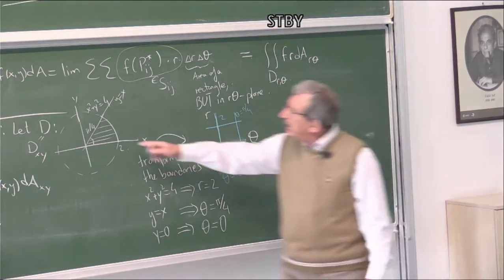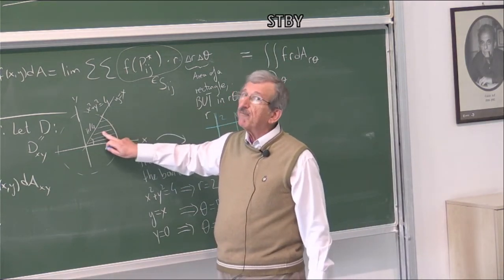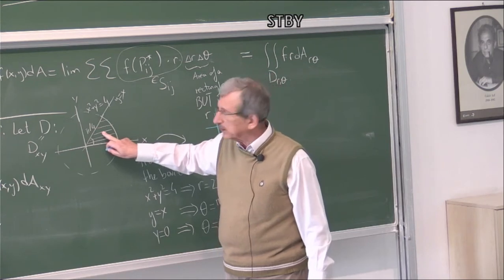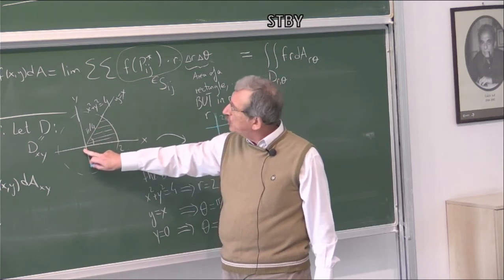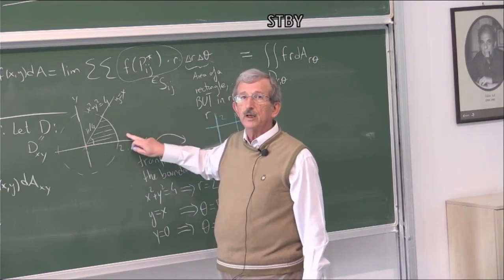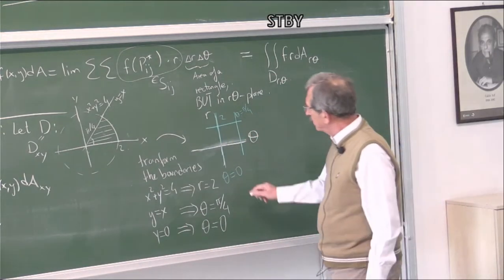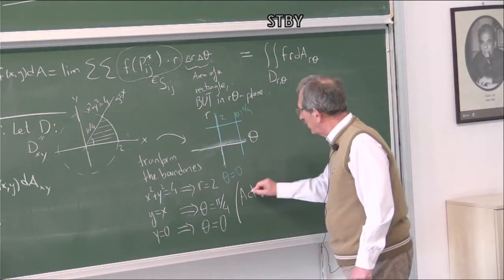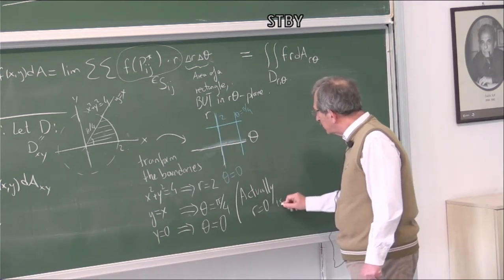Namely, here we have 3 curves bounding this, but there is a 4th curve when you pass to polars. That is the curve r is 0. R changed from 0 to 2 here. So r starts from 0, and therefore r is 0 is a boundary.